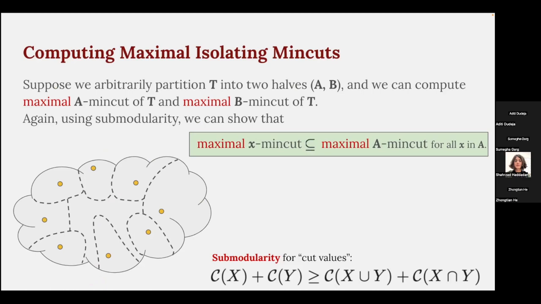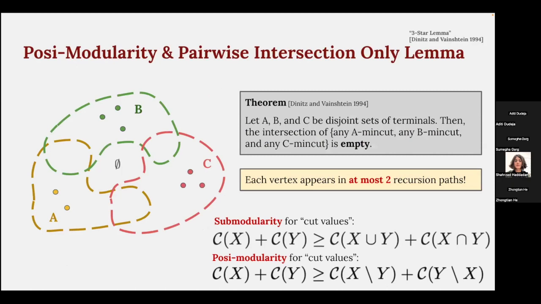On each depth, the subproblems are defined by a partition of the terminals, and each part is a maximal isolated Mincut of that part. By the pairwise intersection lemma, each vertex in the original graph lies in at most two subproblems on each depth. This is why the same framework works.